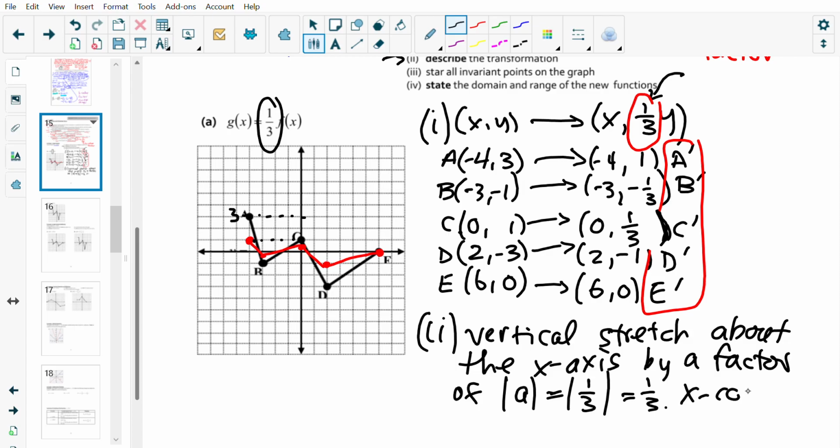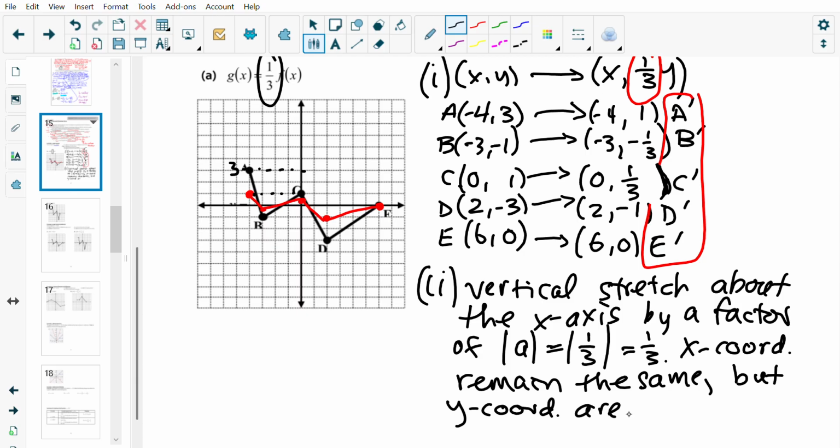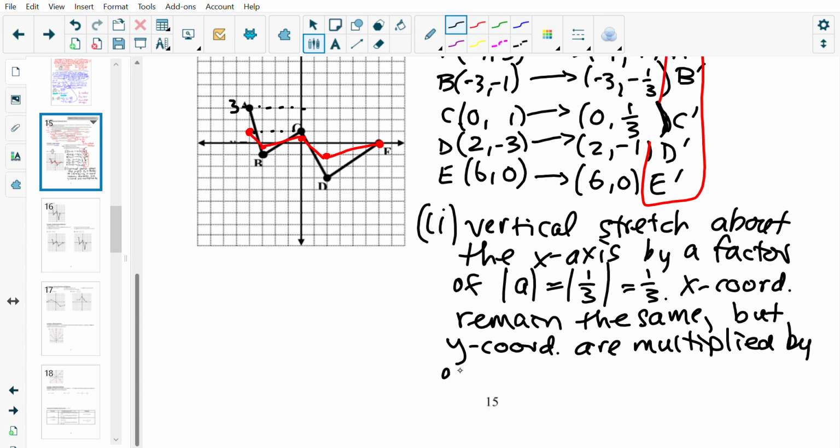Describing it further, so x coordinates remain the same, but y coordinates are multiplied by a factor of 1/3, that's my a value.